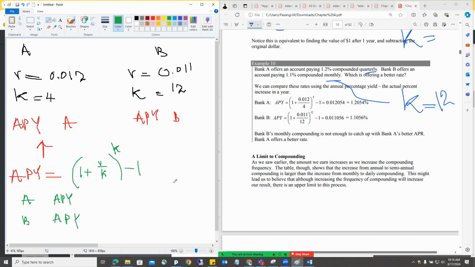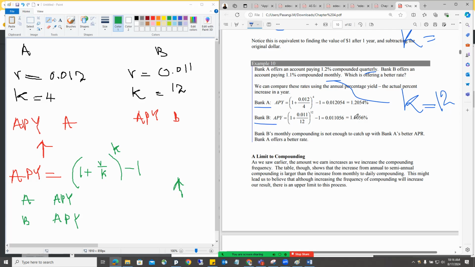What's the best offer? The best bank actually. The bank which has the highest annual percentage yield rate goes as the best bank. So if you calculate for bank A, there we have 1.2%.